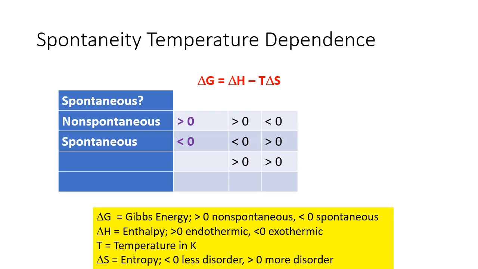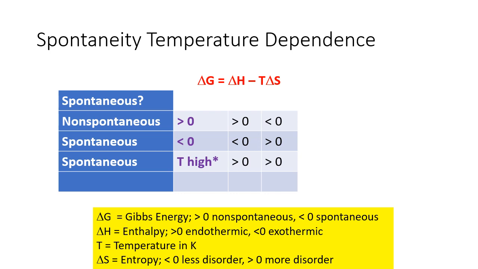If delta S is positive, the minus T delta S is negative. If it's large enough, it overcomes delta H. So even if you have an endothermic reaction, if it increases the entropy of the system enough at that temperature, it'll still be spontaneous. So spontaneous when the temperature is high, non-spontaneous when the temperature is low.